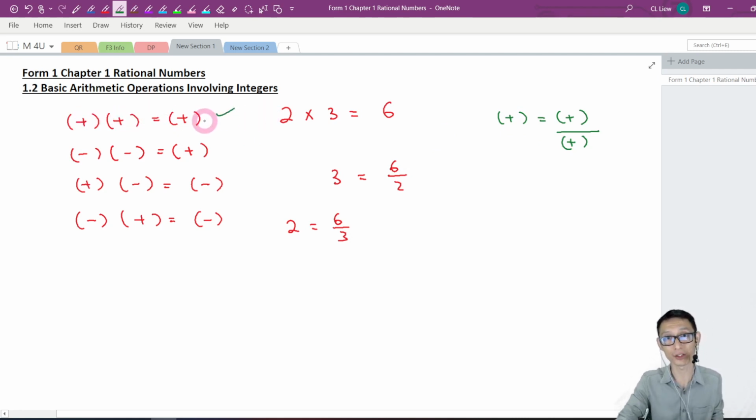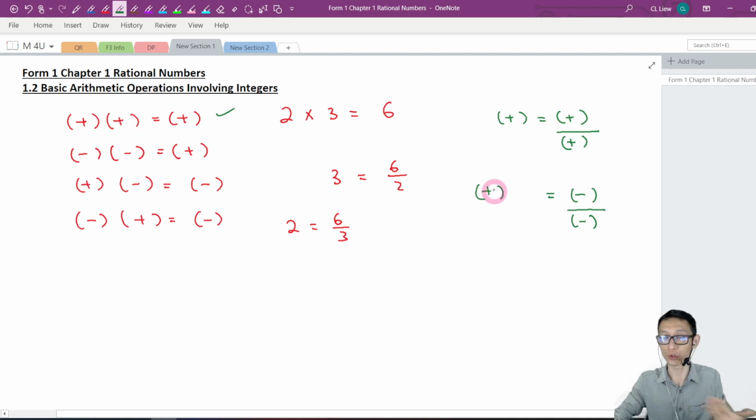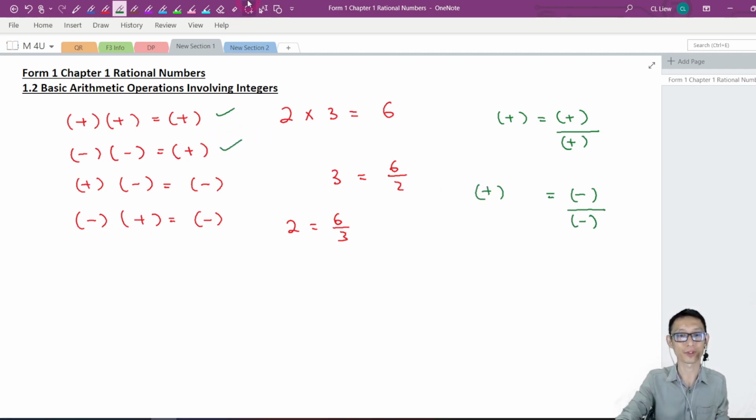Positive, positive, we get positive, right? So how about if I have positive, negative? Positive, negative, we get a negative answer, right? Okay, so if I move this to the other side, now negative divided by negative, you get a positive answer, which is this one, right?